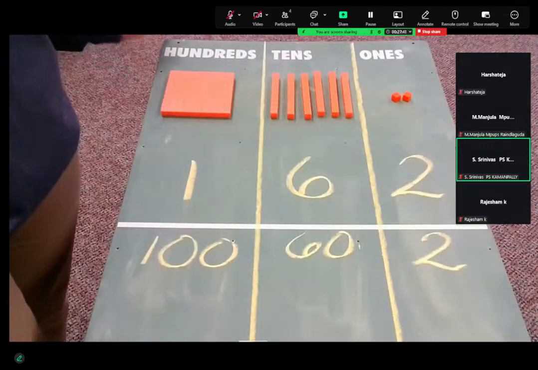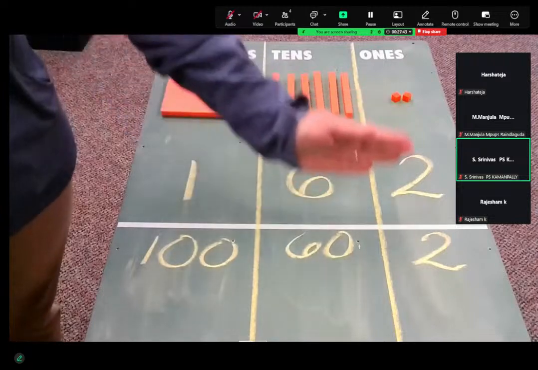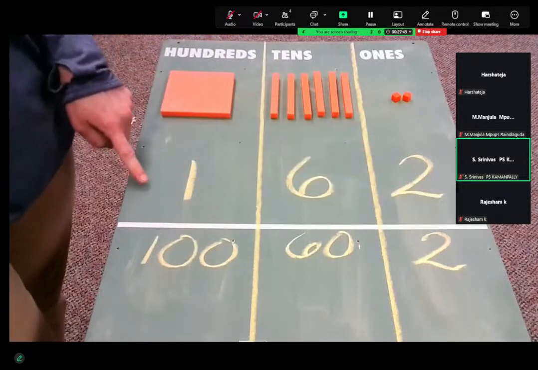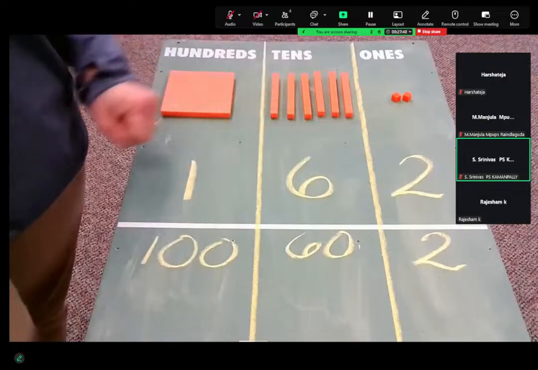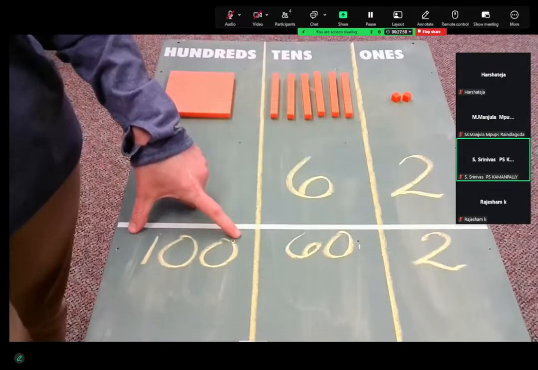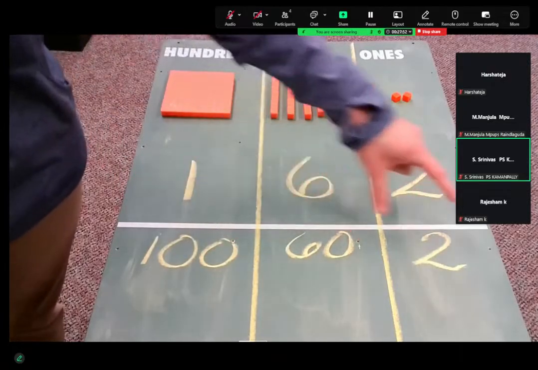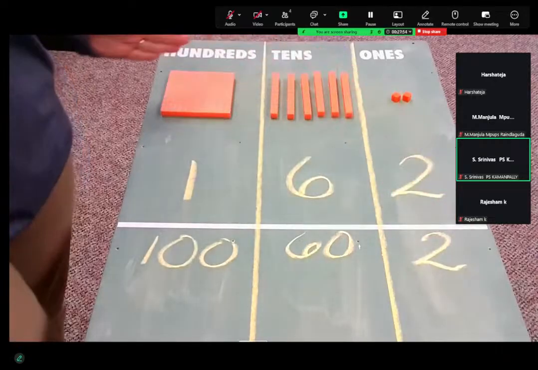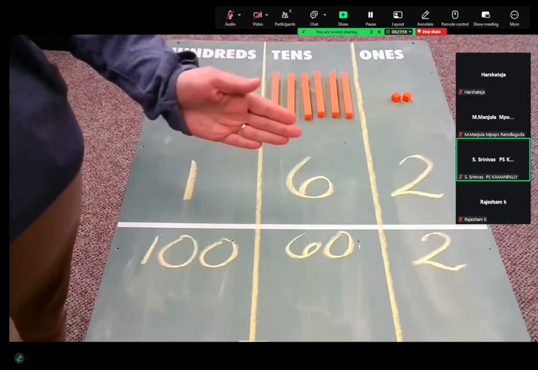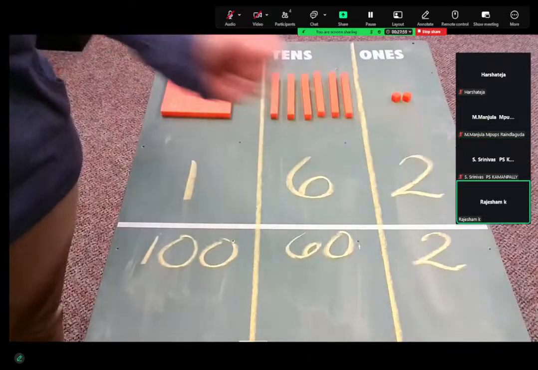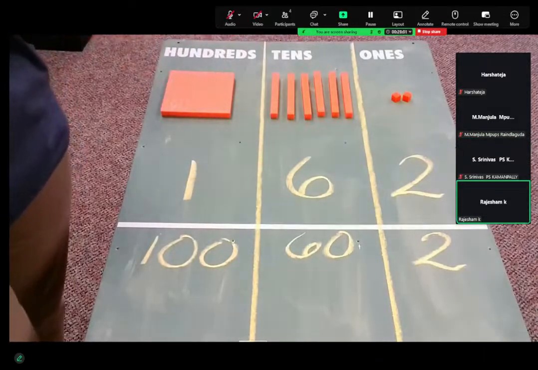So now, when I look at the values, I not only see a 1, a 6, and a 2, I see 162. Those place values will now show me how to properly read these numbers.